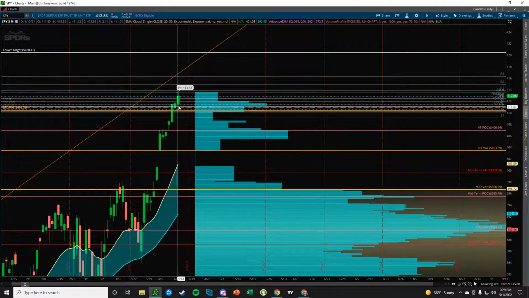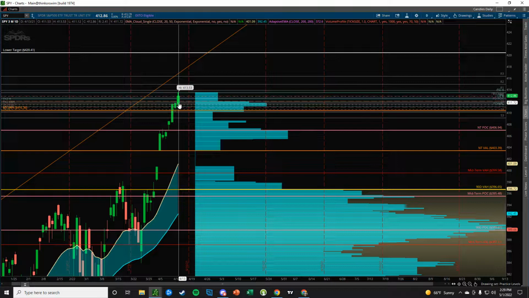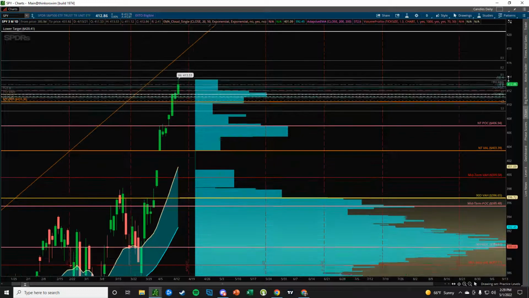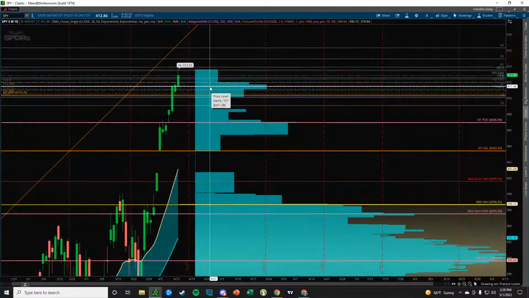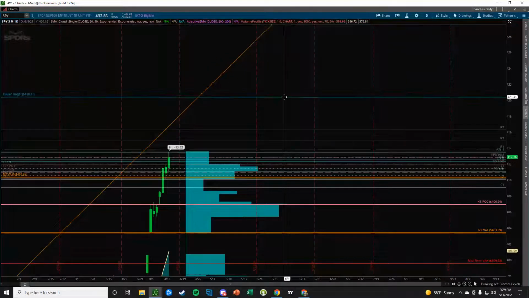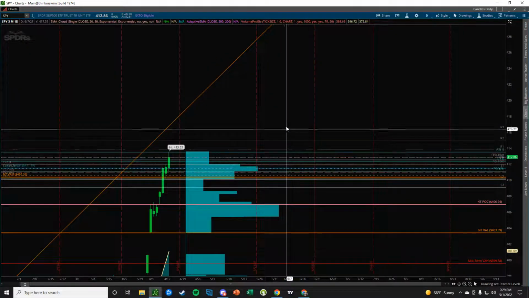By short term, I mean like 2.5 days or 3 days realistically. But that isn't really a concrete point. So we're going to say that our t plus 2 value high is where our potential low target is going to be for today. Let's go ahead and move that there.